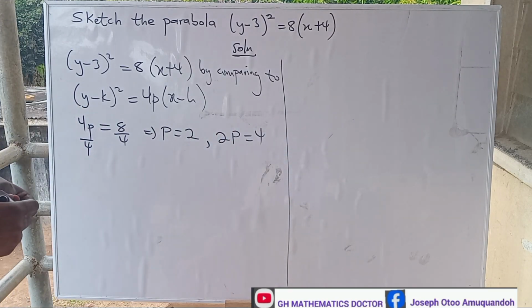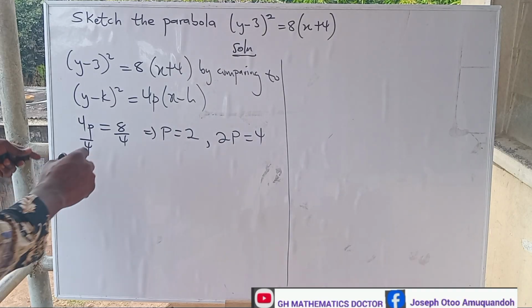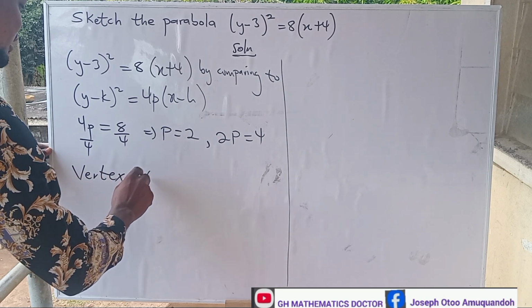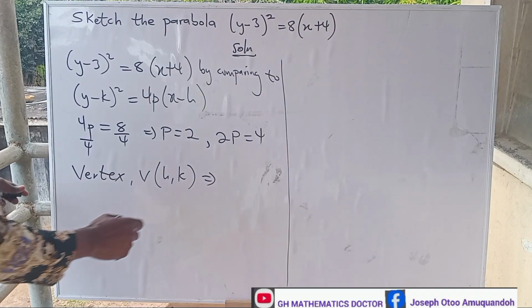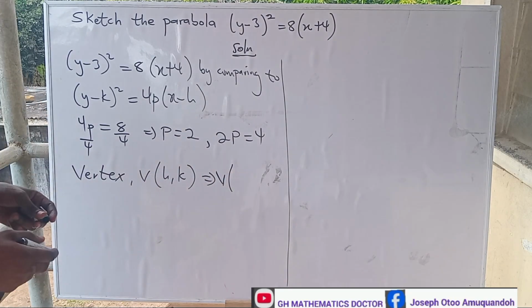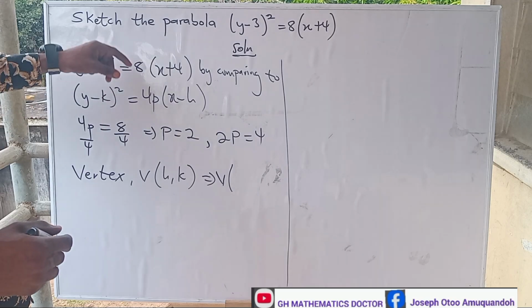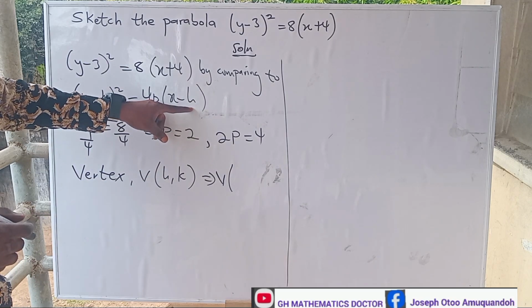All right. Then we also need the point where the parabola is taken from, and it is called our vertex, which is of the form (h, k). So by comparing, our vertex will be taken from the question given to us. We have the h going with the x expression in the bracket.